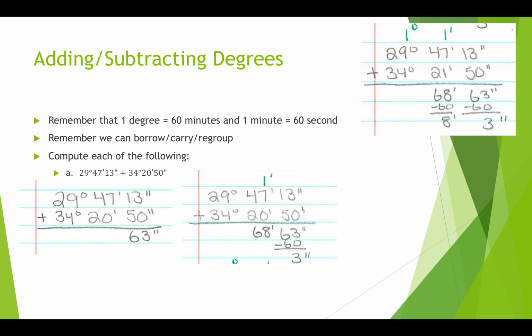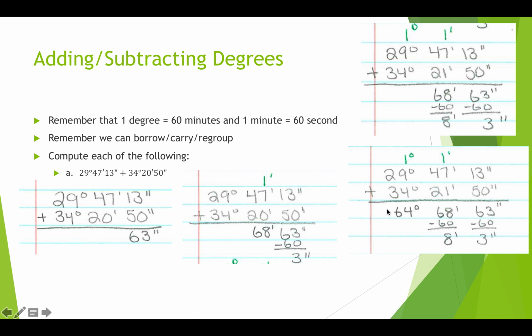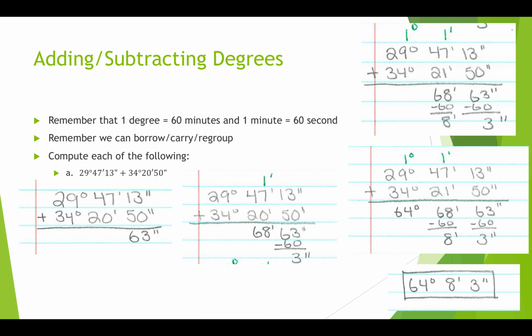If you don't understand what I'm doing, the subtracting 60 is just telling me how much I'm going to be left with when I regroup, and I'm subtracting 60 because we're in base 60. My last place value can be anything. 1 plus 29 plus 34 gives me 64, and it can be as big as I want. So I get my final answer of 64 degrees, 8 minutes, and 3 seconds.